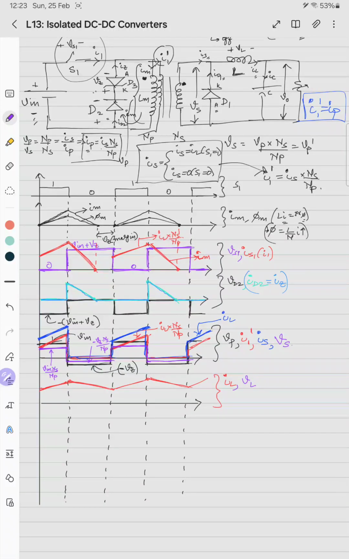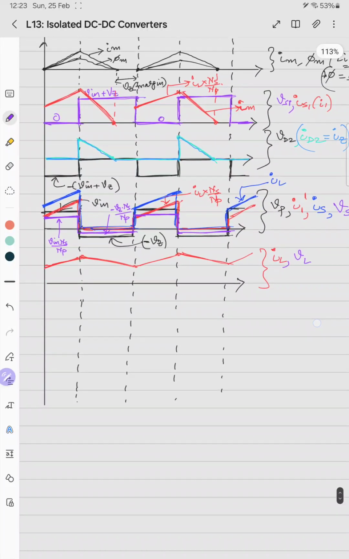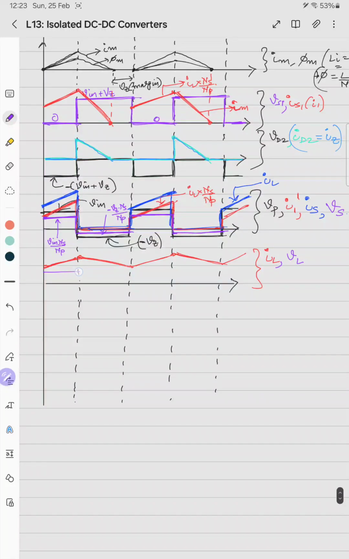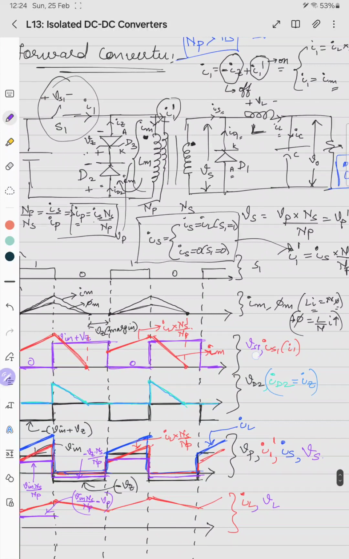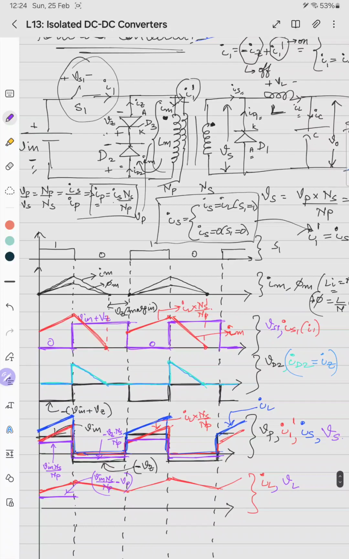When the switch is on, VS becomes equal to Vin into Ns by Np. So VL is Vin into Ns by Np minus V0. This value is Vin Ns by Np minus V0. And the value of VS when the switch is off becomes minus VZ.